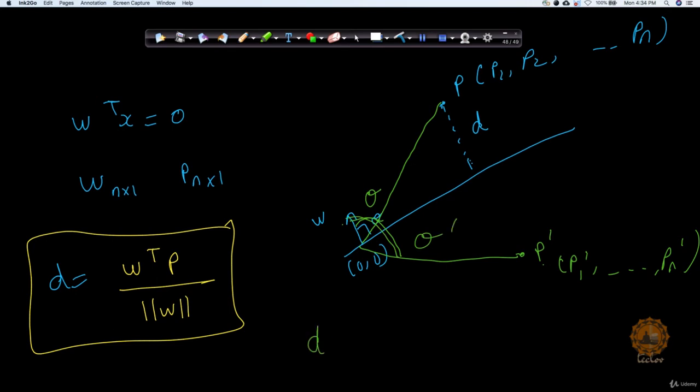That's the reason this will become negative in this case. So D dash is going to be negative. That is W transpose P divided by the length of W, but at the same time the value is going to be negative. So this gives me a very good insight. If my point P is on the same side where my W vector is, then I'm going to get a positive value.